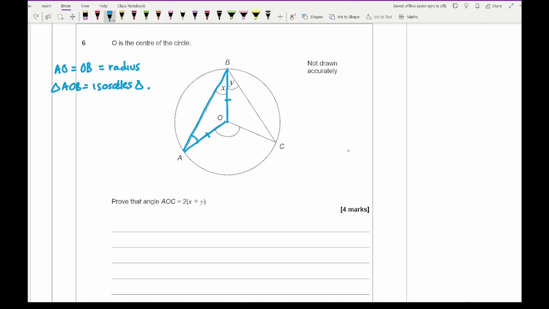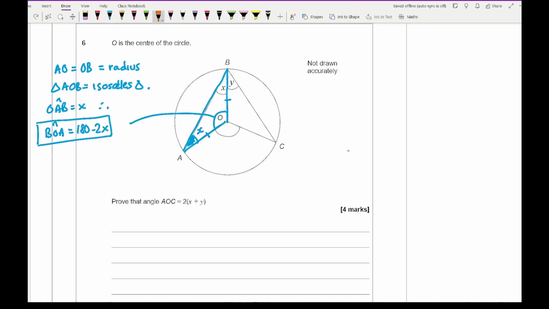So then this angle here is also going to be x. So OAB is also going to equal x. So therefore, to work out BOA or AOB, that's going to be 180 minus 2x. So that's what this angle here is. And let me just put a little box around that.